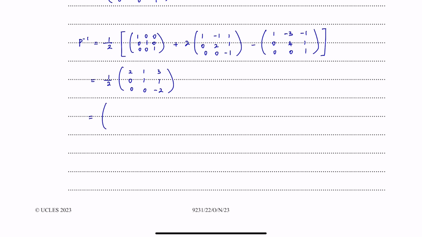And the final matrix for inverse P is 1, 1/2, 3/2, 0, 1/2, 1/2, 0, 0, -1.